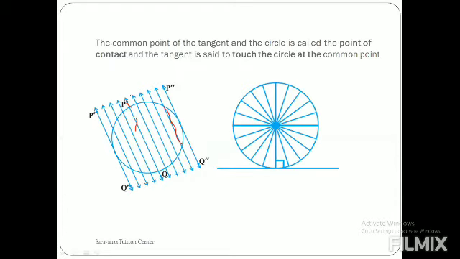So when moving from this side to this side, or from this side to this side, you could find the chord decreasing. The two points of intersection of the line and the circle are coming closer and closer. In one case it becomes 0 on one side of the secant, and in another case it becomes 0 on the other side. So you could see that this PQ secant becomes intersecting at only one point and becomes a tangent.